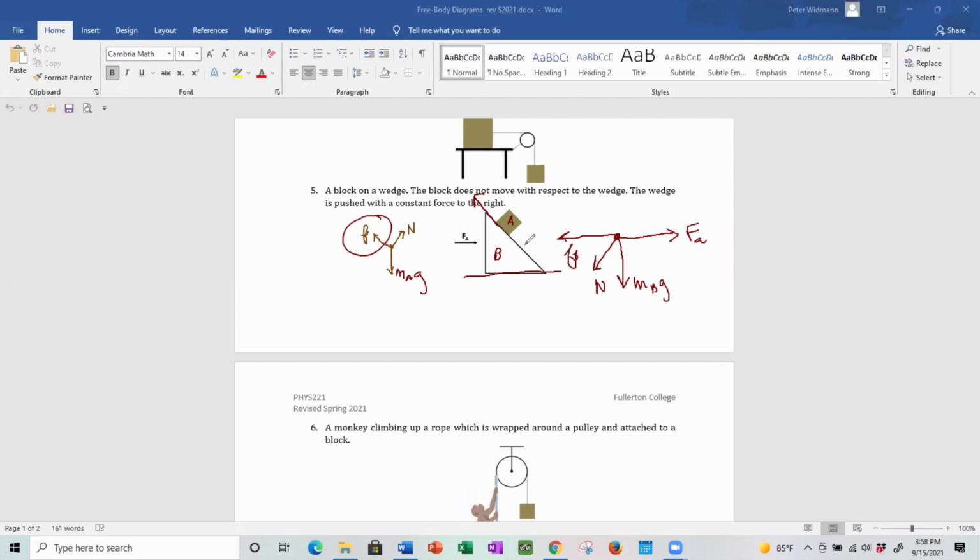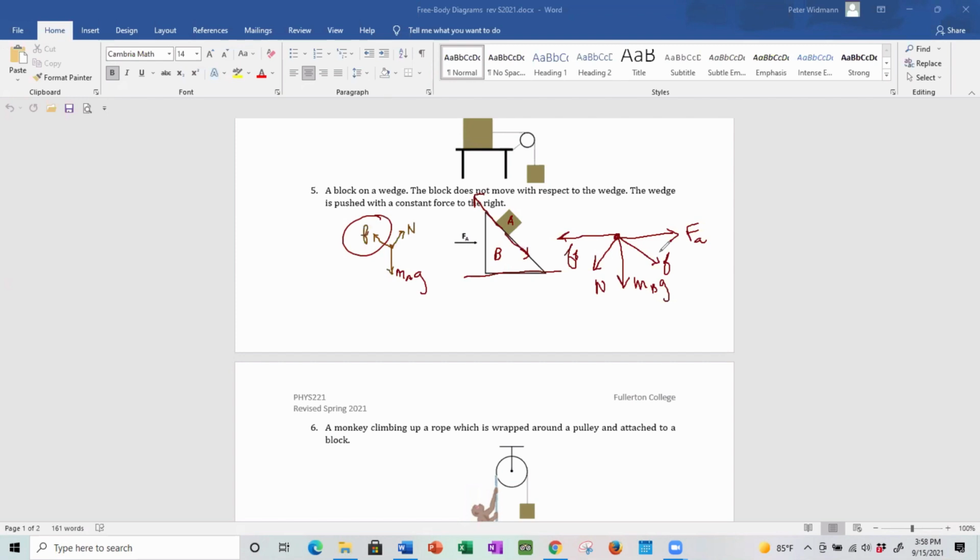Which way does it act for B? The other way, so down. Okay, so it acts this way. So there's another force here that is little f.